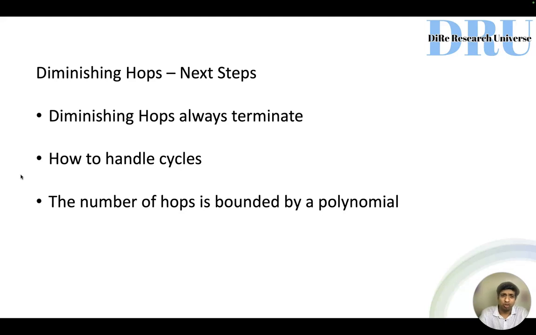We need to show that it always terminates, it does not get stuck in infinite loops when it encounters cycles, and most importantly, because the vertex degree of the graph is at most 3, we will be showing that the number of hops is bounded by a polynomial, which is one of the most important things about diminishing hops.